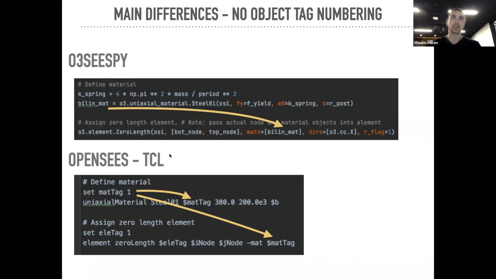Often, when I was using the TCL version, it was a lot of overhead just to track the different tag numbers. So it was an effort to get rid of them when they're not needed.